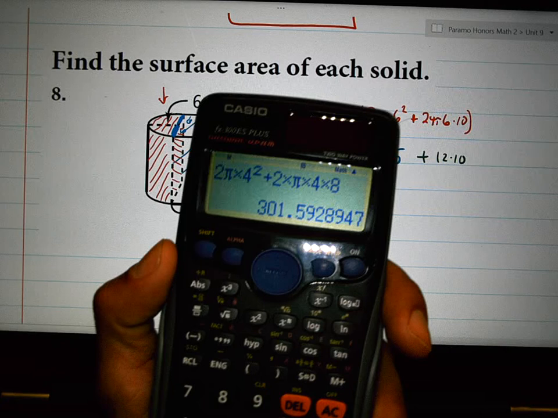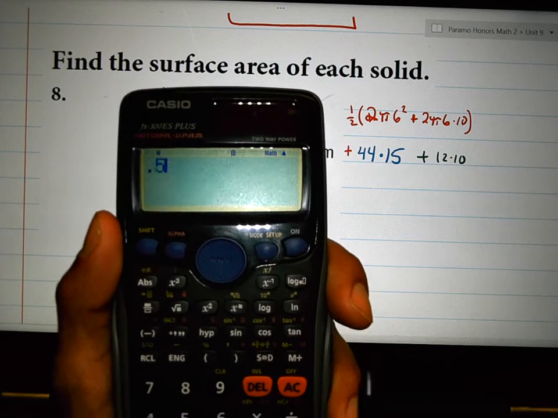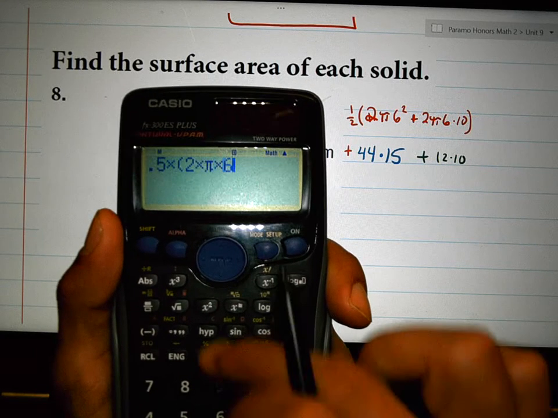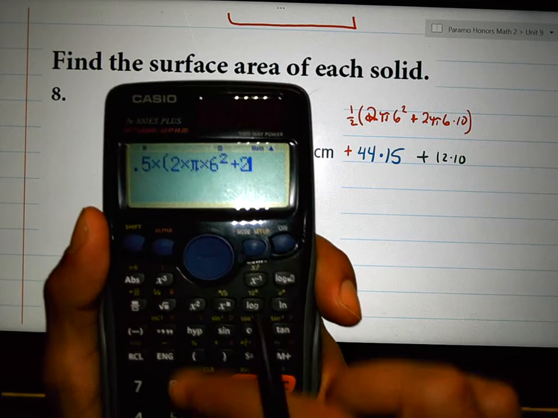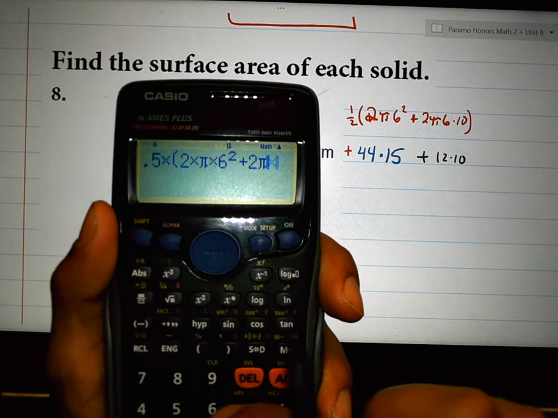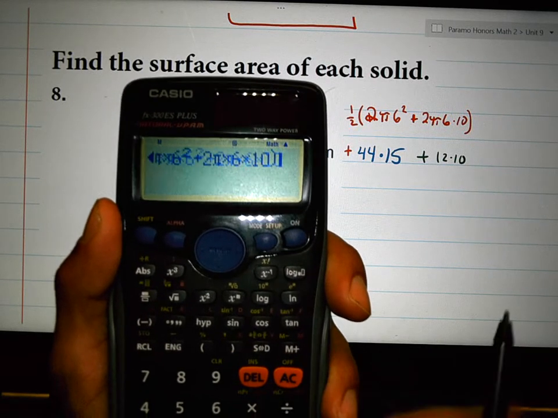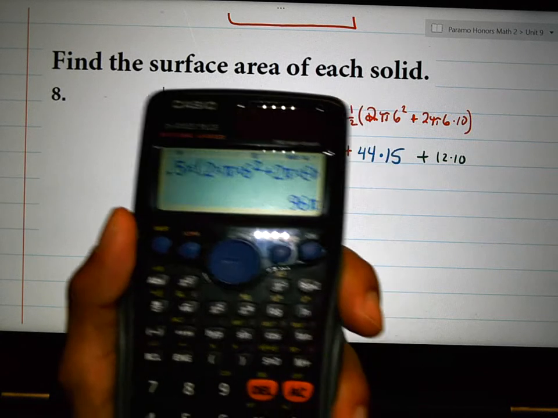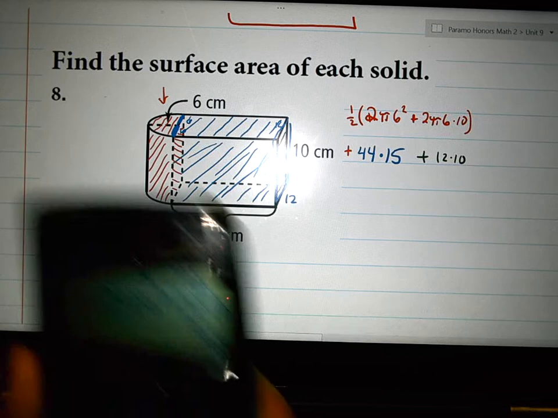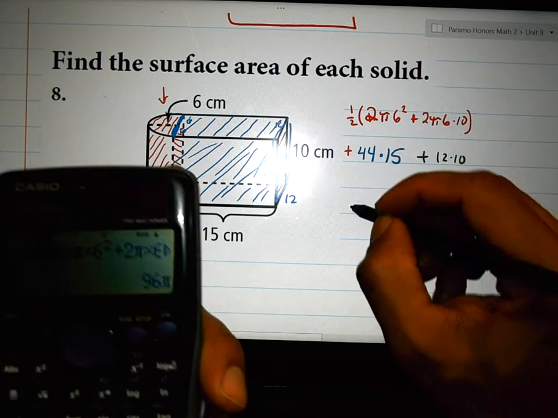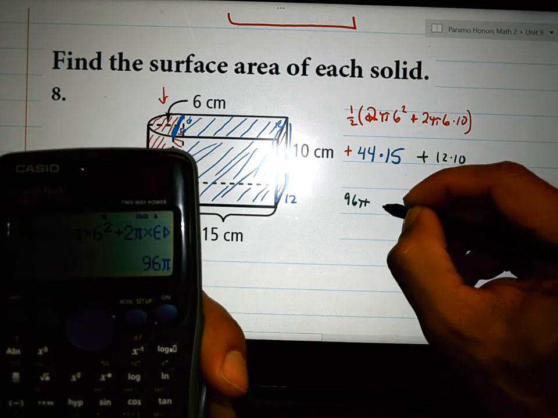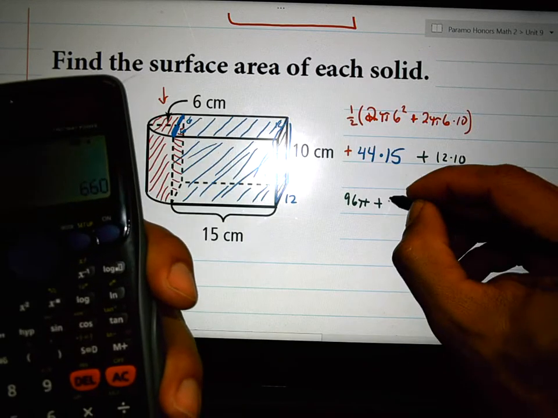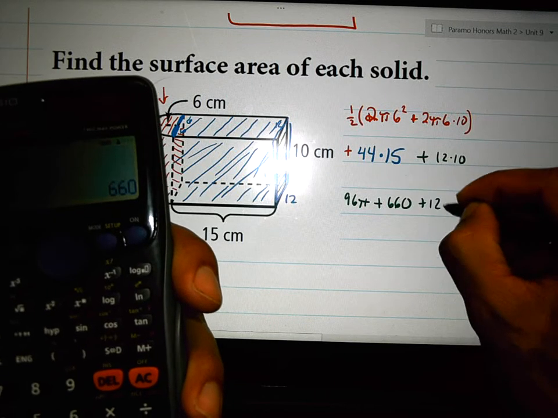Let's go ahead and plug in this first thing. 0.5 times parenthesis 2 times pi times 6 squared plus 2 pi times 6 times 10, end of parenthesis. This top is 96 pi is what I was getting. I'm going to put 96 pi right there. Plus 44 times 15 plus 120.